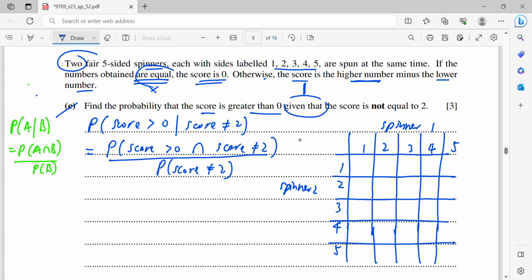Now when the numbers are equal, the score will be 0. So I will fill up the 0 scores first.